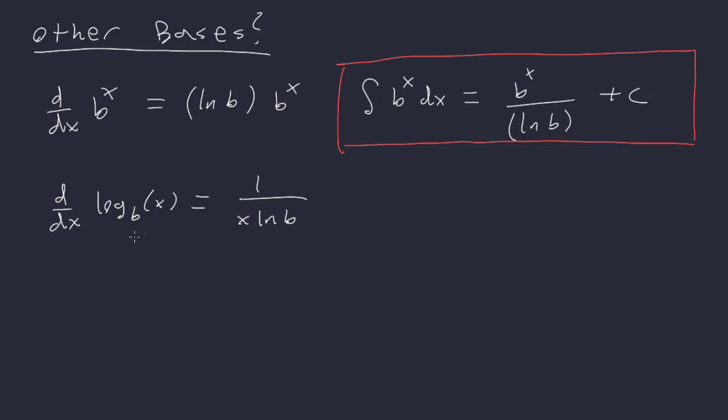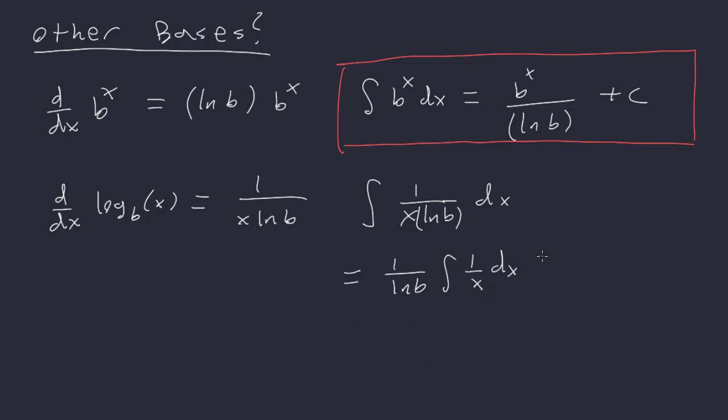And for log base b, the derivative is 1 over x times the natural log of b. Well, that tells us that, and this one's going to be a little different, if we have 1 over x times the natural log of b, we have the same idea here that we can factor out constants, and 1 over ln b is just a constant.